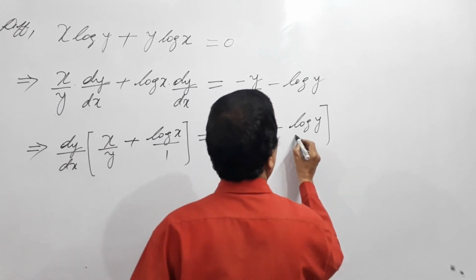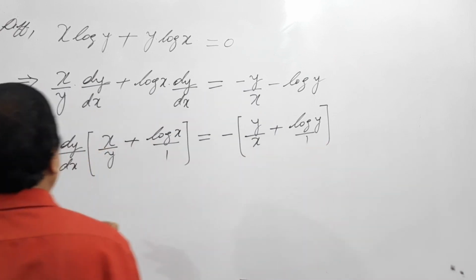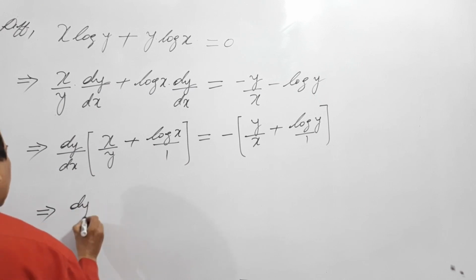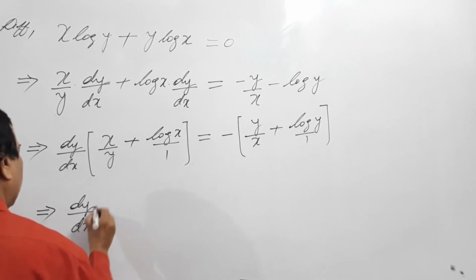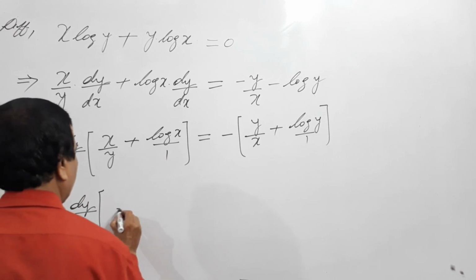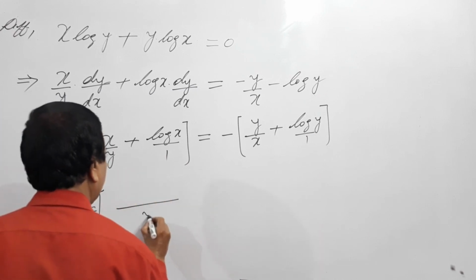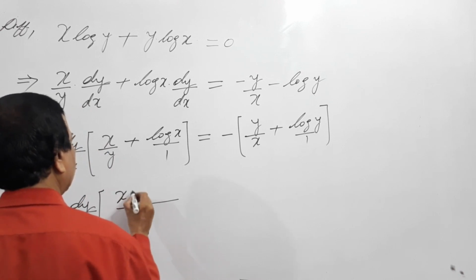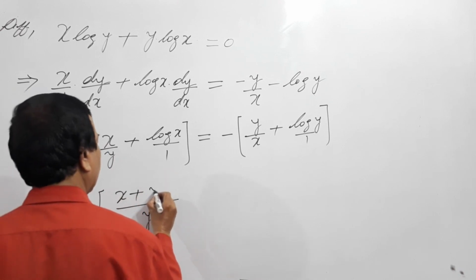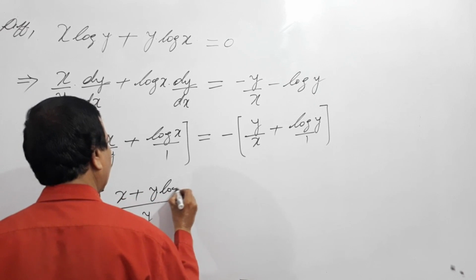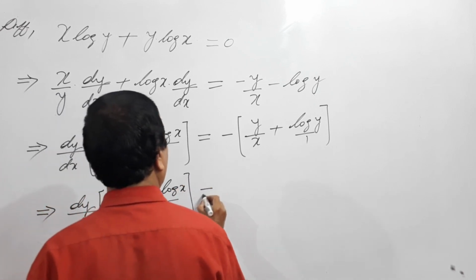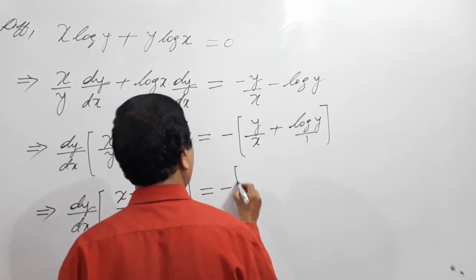So we will take LCM. Here this is dy by dx, y is the LCM here, so this goes one time: (x plus y log x) by y equals minus sign.